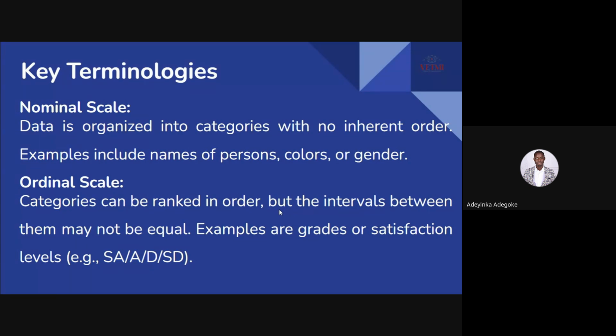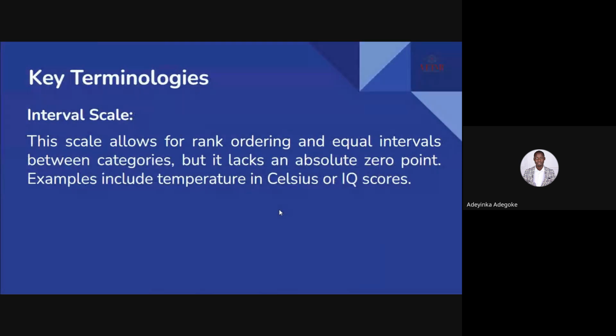So let's move to the interval scale. But before we do, I want you to take note of something. Both the nominal scale and the ordinal scale of measurement are in the form of categories, so we call them categorical variables.